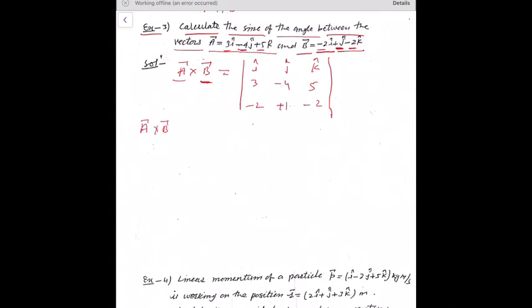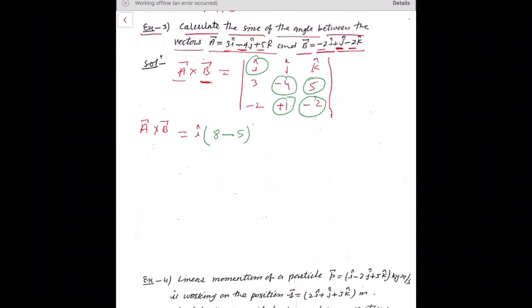So A vector cross B vector is equal to, first I cap: minus 4 into minus 2, plus 8, minus 5 into 1, 5.